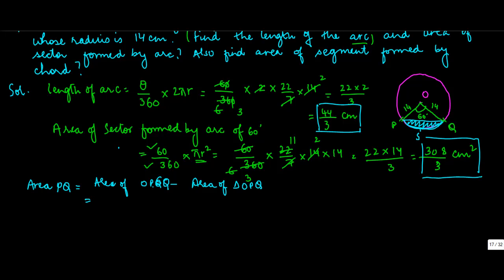This we've computed here, so 308 upon 3 centimeter square minus. We need to find out what's the area of the triangle OPQ.